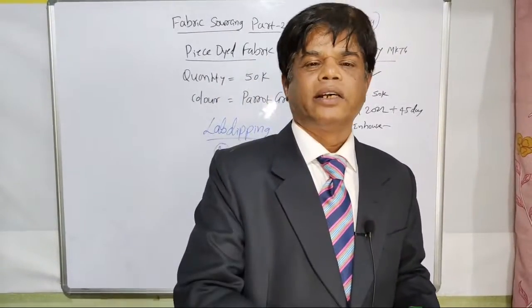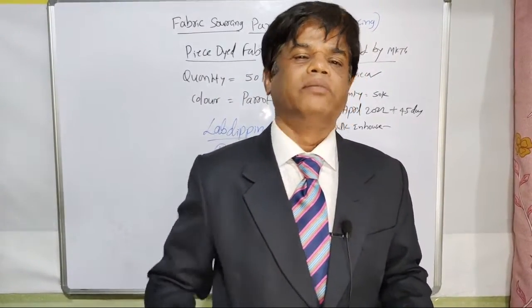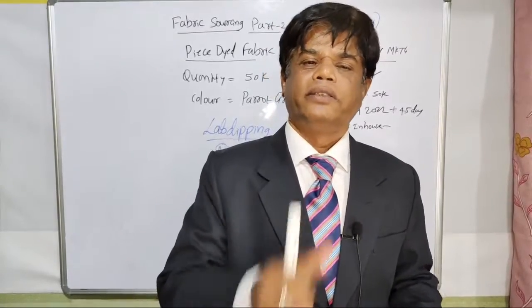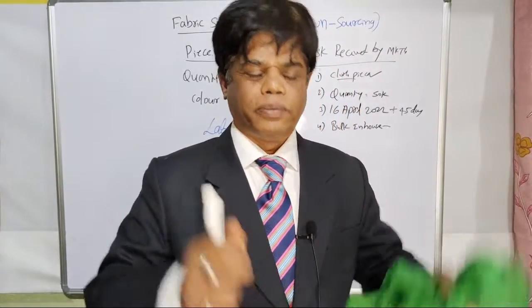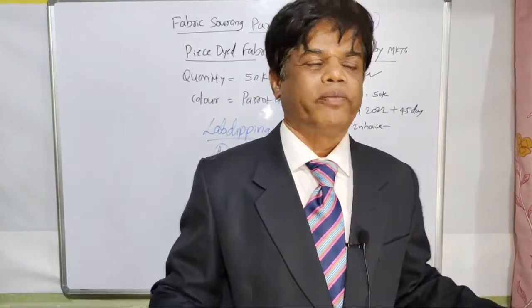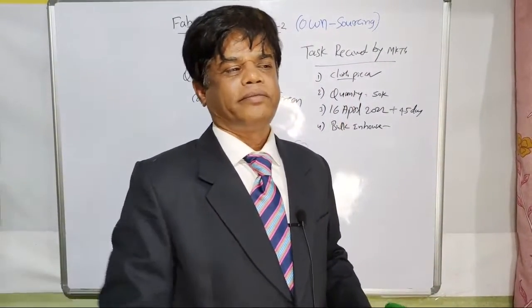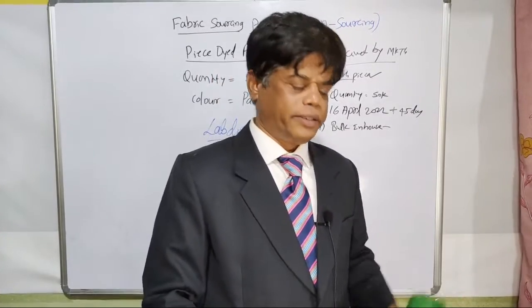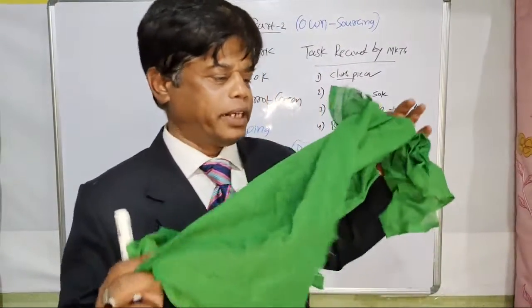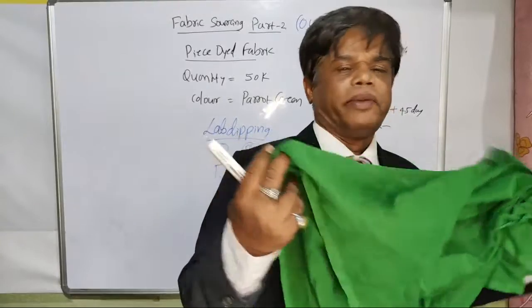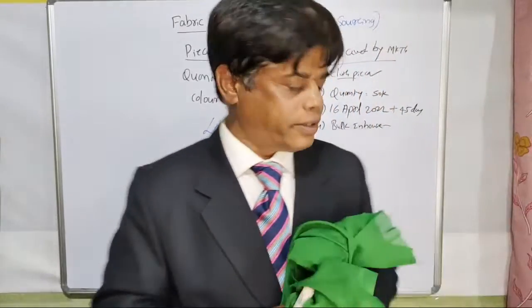Once he enters the office, until he comes out in the evening or night, he is having issues. His problem is issues. By hook or crook, the warehouse wants fabric. There are such things, friends. I am just thinking about this piece dyed fabric, which I am giving in the live class.